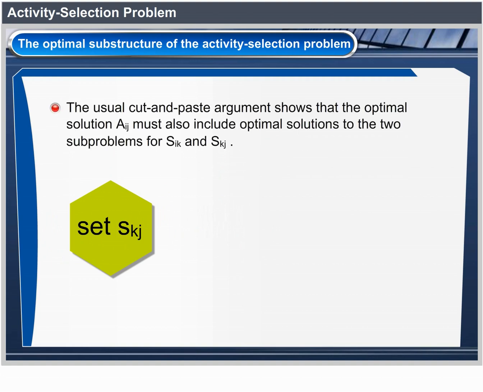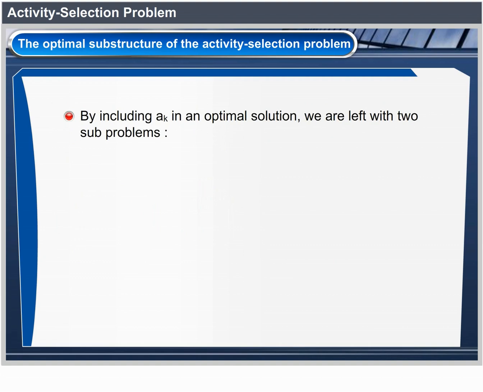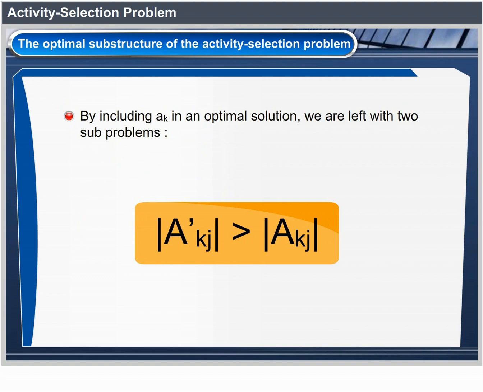The usual cut-and-paste argument shows that the optimal solution Aij must also include optimal solutions to the two subproblems for Sik and Skj. If we could find a set Akj' of mutually compatible activities in Skj where |Akj'| > |Akj|, then we would use Akj' rather than Akj in a solution to the subproblem for Sij.